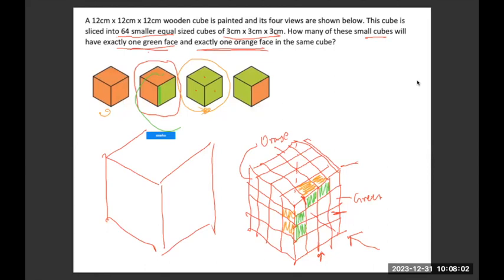the edges which have a combination of orange and green, like we are seeing it here, will be located along this edge, which is green and orange at the back. This edge, green and orange at the back. This is green and orange at the back.